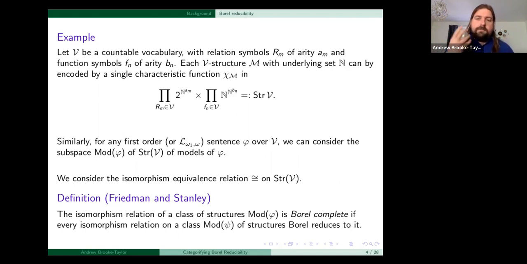Okay, so Borel completeness is kind of the key notion within Borel reducibility that I want to keep coming back to in this talk, but it's really just an example for the generality, the generalization of the framework that I want to give, but it's an important one.